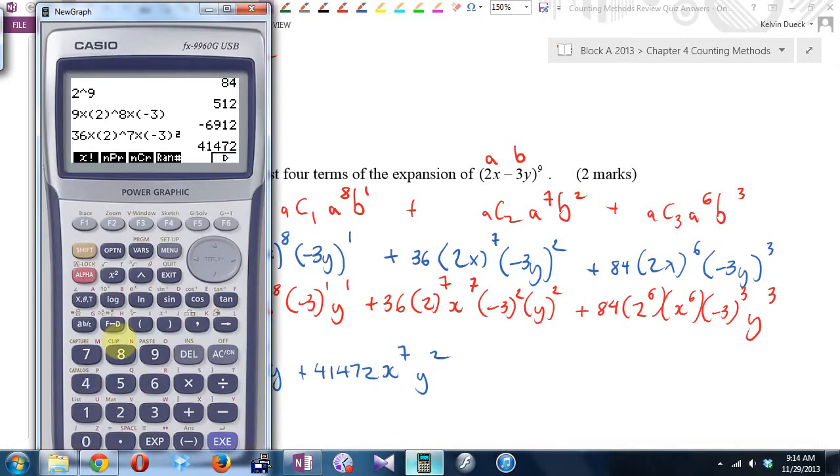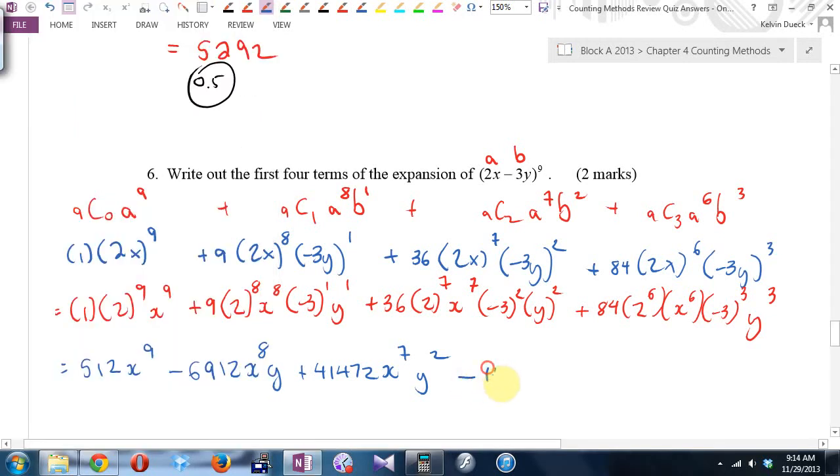And the fourth term is going to have an 84, a 2 to the 6th, a negative 3 to the 3rd. It's going to have a negative 145,152, negative 145,152 x to the 6th y cubed.